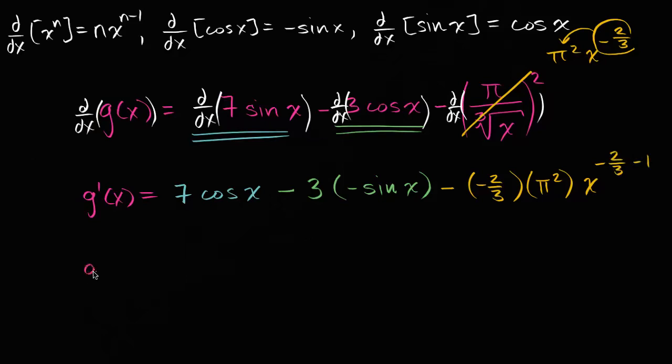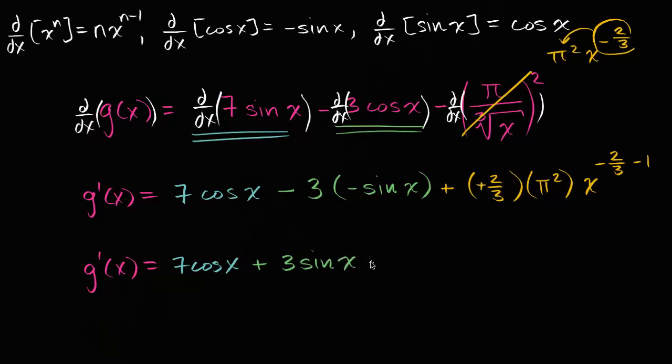So we get g prime of x is equal to 7 cosine of x. And let's see, we have a negative 3 times the negative sine of x. So that's a positive 3 sine of x. And then we're subtracting, but then this is going to be a negative, so that's going to be a positive.